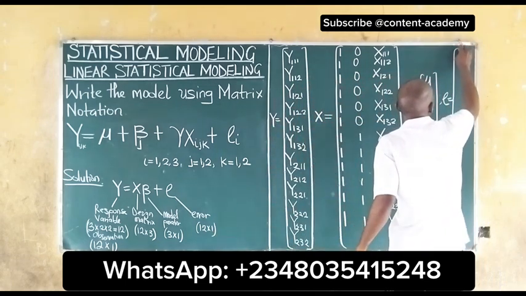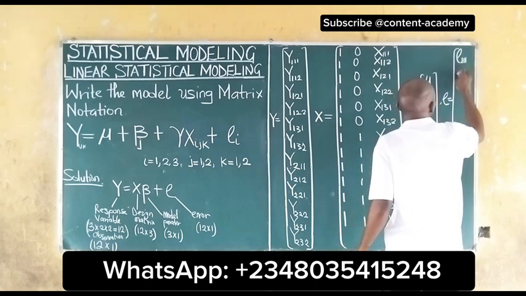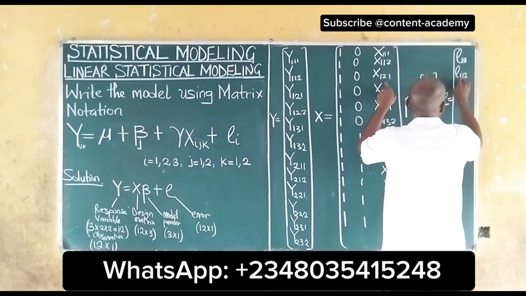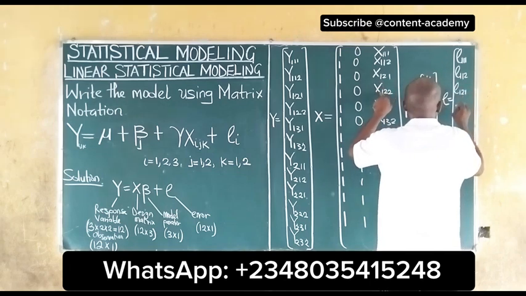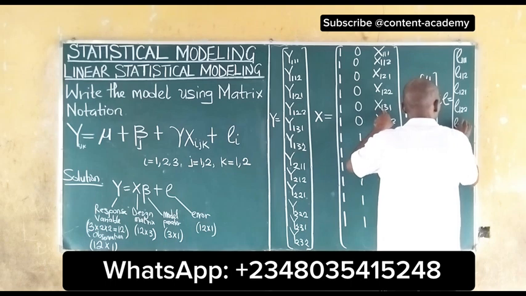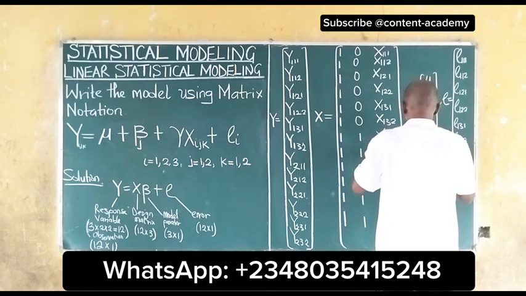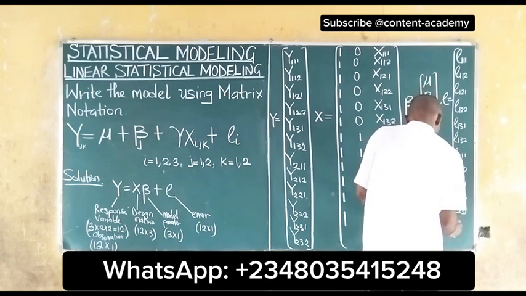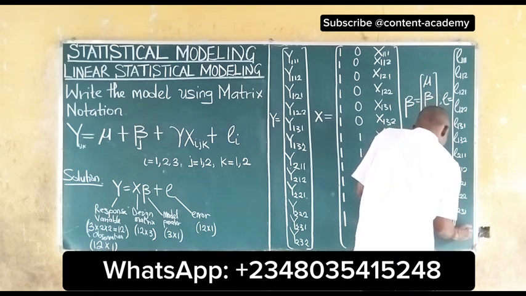So we still have E 1,1,1, E 1,1,2, E 1,2,1, E 1,2,2, E 1,3,1, E 1,3,2, E 2,1,1, E 2,1,2, E 2,2,1, E 2,2,2, E 2,3,1, and E 2,3,2.